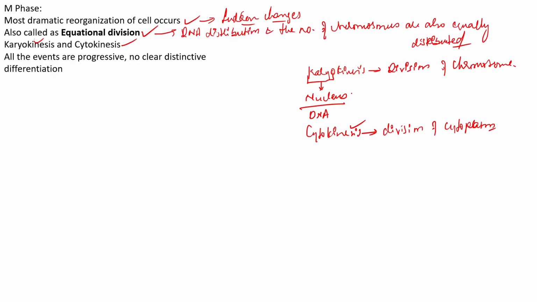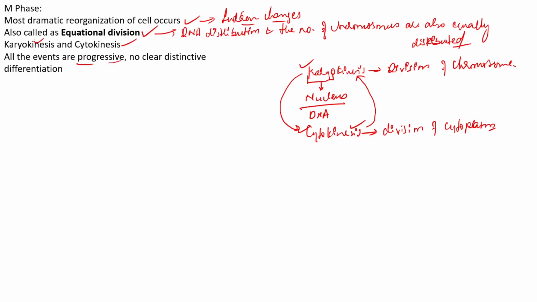Though we divide the M phase into karyokinesis and cytokinesis, these events are progressive. What do we mean by progressive? After karyokinesis you see cytokinesis, and after cytokinesis the cell grows again, and after the cell grows it enters the M phase, where you again see karyokinesis and cytokinesis.